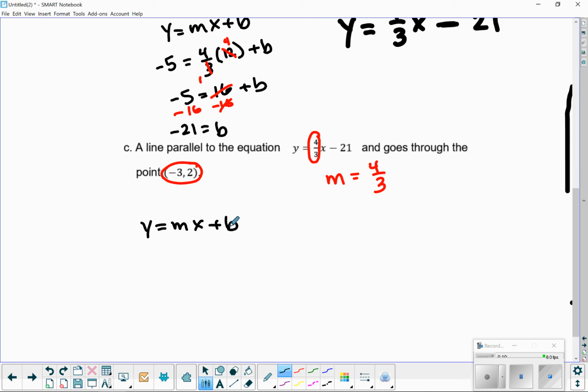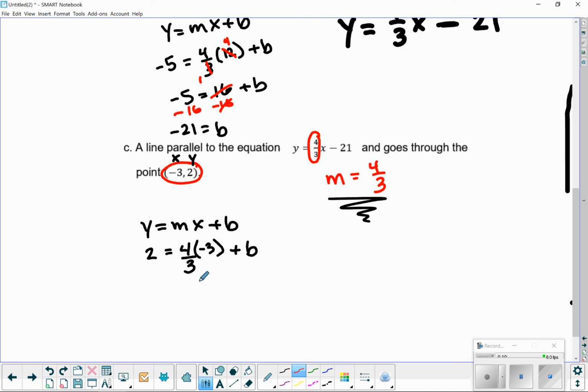You're going to start with putting in your x, your y, and your m. So your x is going to be -3, so I'm going to put -3 right here. Your y is going to be 2, so I'm going to put 2 right there where the y is. Your m is 4/3, so I'm going to put 4 divided by 3. And you're going to add b, or you're trying to solve for b. Okay, work the math out.